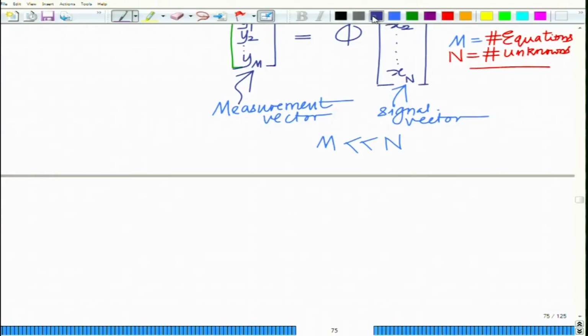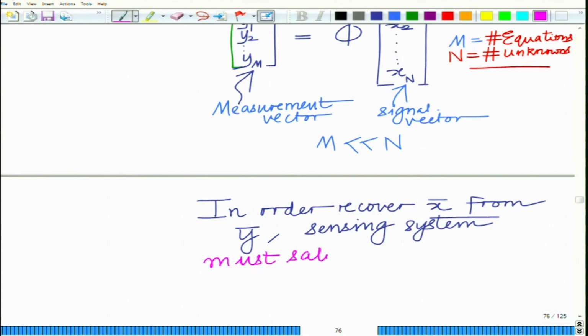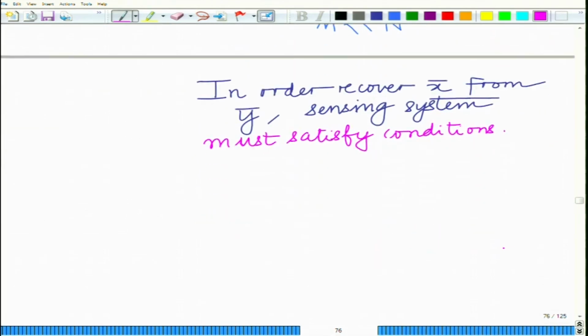So, in order to recover or reconstruct x bar from y bar, the sensing system must satisfy some conditions. What are those conditions? Let us look at the first condition.